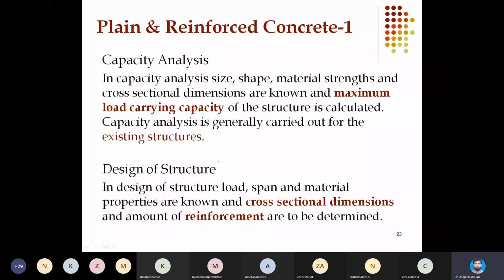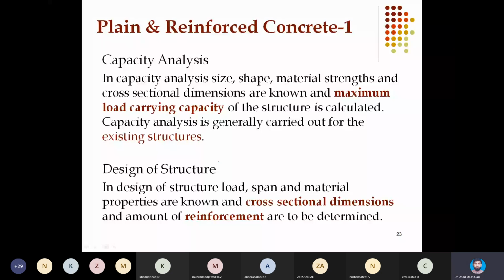So you know each and every detail of the structural members, starting from geometry to their material strength. The only thing asked is that give us what load this structure can take.